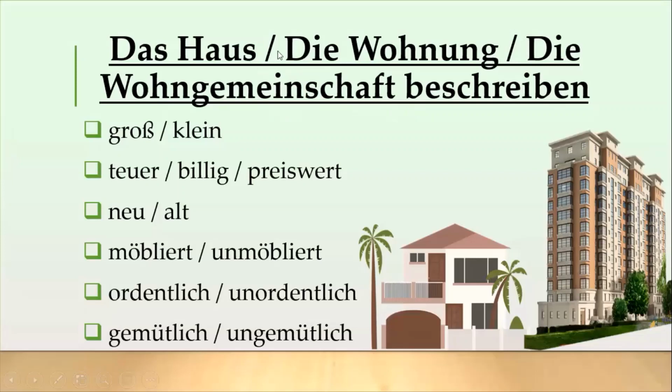And when describing either of these three types of accommodation, describing something in German is beschreiben. This is a regular German verb, so I can say ich beschreibe das Haus.